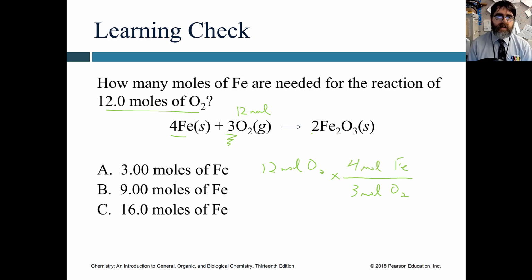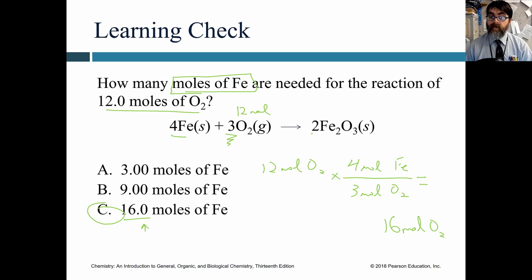I didn't specify that specifically, but 4 moles of iron. So here we know the amount of one reactant we have, and we need to know how much of the other reactant we want. And so then this ends up being 16 moles of O2, which matches that one, and I should have written it with proper sig figs. It is 16.0 with 3 sig figs here.